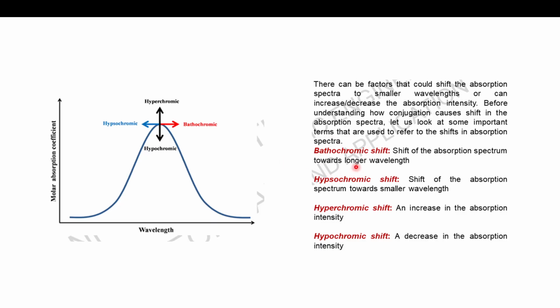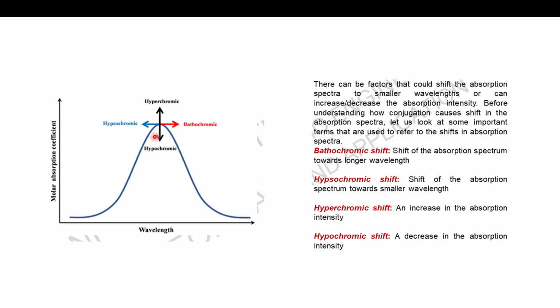These are a few terms, like bathochromic shift. If this is the absorption spectrum, it shifts towards longer wavelengths, towards the right. Then it's a bathochromic shift, also often called a red shift. Then there's hypsochromic shift, a shift of the absorption spectrum towards smaller wavelength, also called a blue shift.